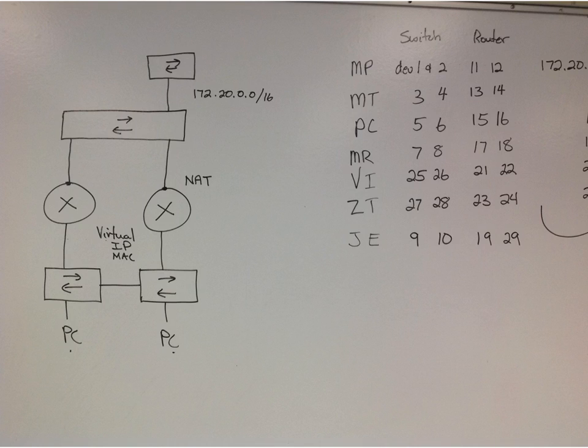So here is the scenario based on initials. Yeah, devices 1 and 2 as far as switches: 3, 4, 5, 6, 7, 8, 25, 26, 27, 28, 9, and 10. Okay, and then that represents these switches right here. That makes sense?